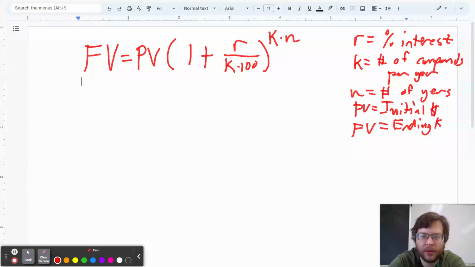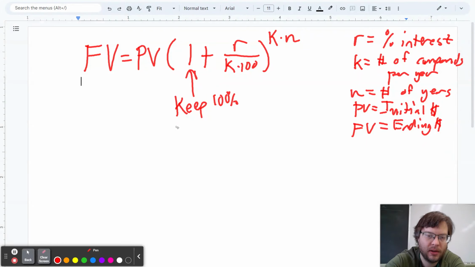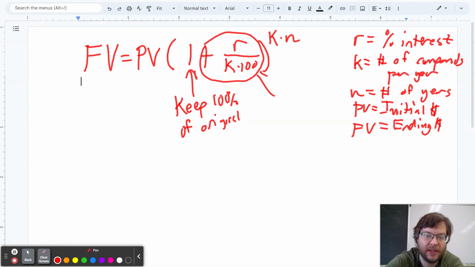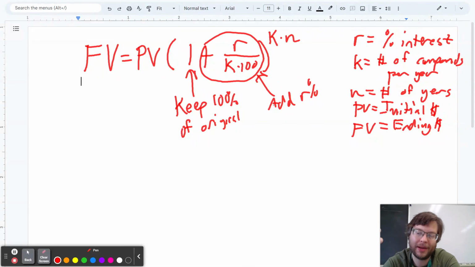And the reason there's the 1 in there is because this represents that you keep 100% of the original, and then the plus, this chunk here, represents that you add R percent, that's why there's the over 100, but you don't add the whole amount every time.